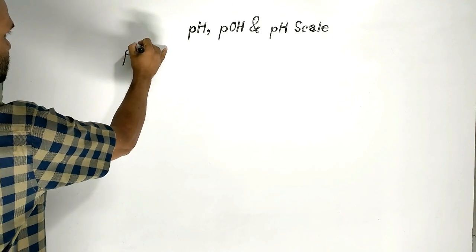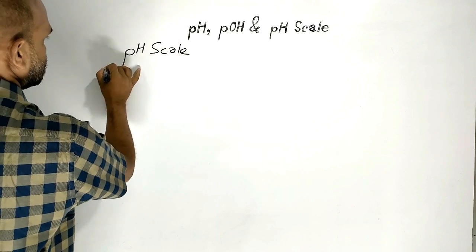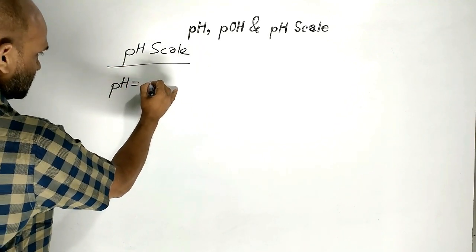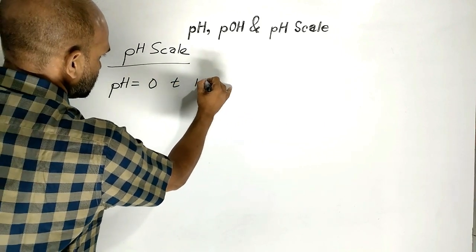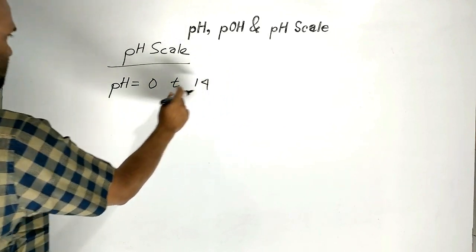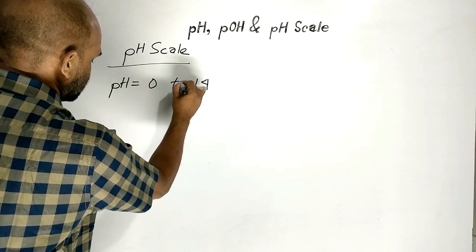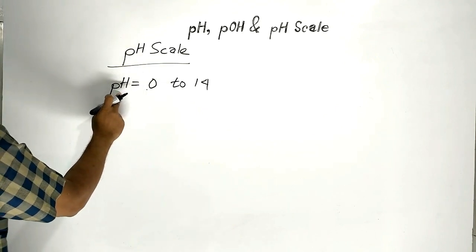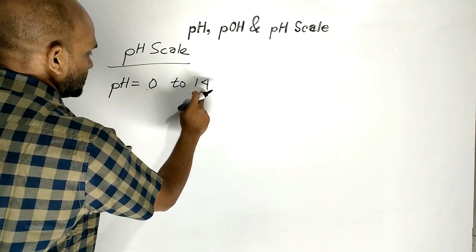Now, pH scale. pH value is 0 to 14. It means pH values remain between 0 and 14.